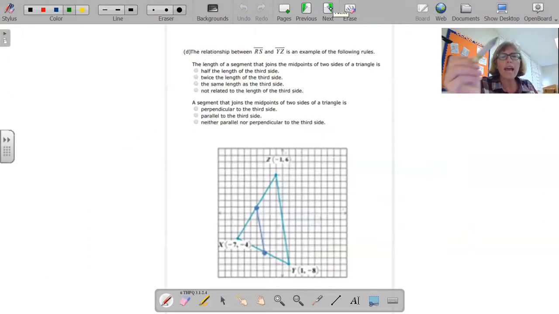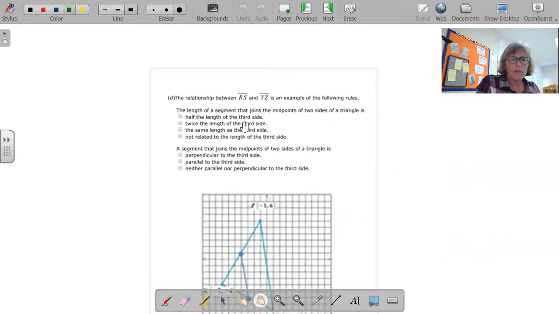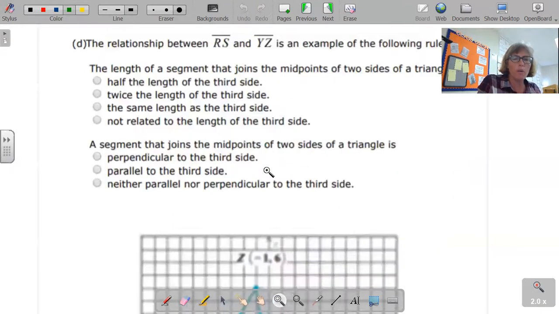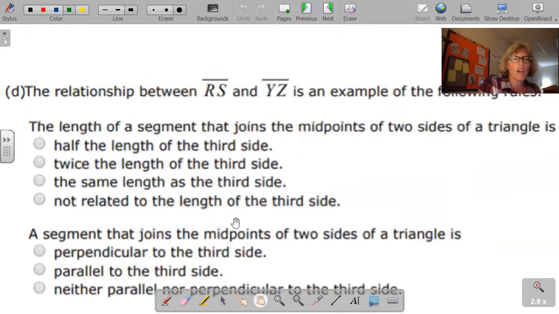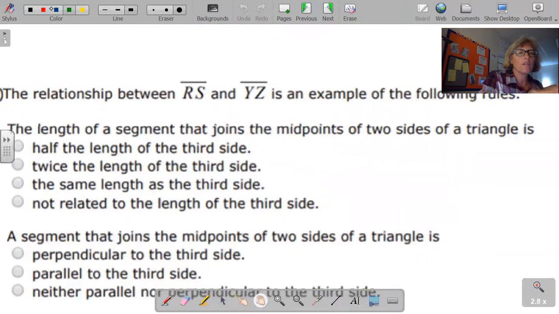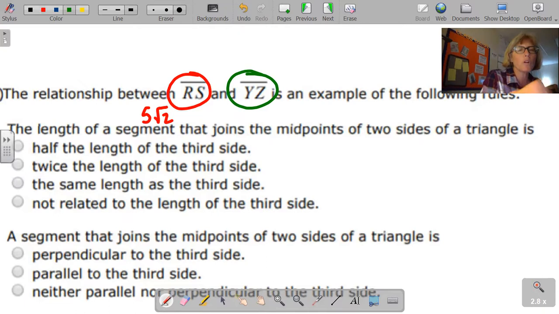So math has meaning. Because we started with the midpoints, and then we found the length of the segments, and we're describing the relationship of the midsegment to the longer segment. Realize, lengthwise, that was 5 root 2 compared to 10 root 2.